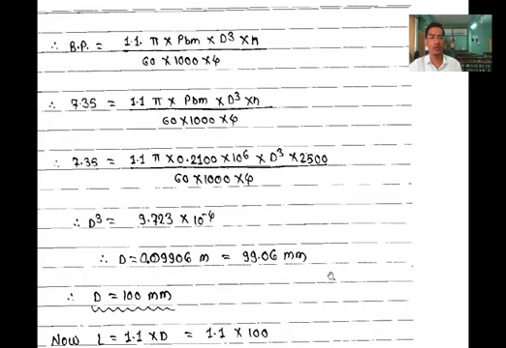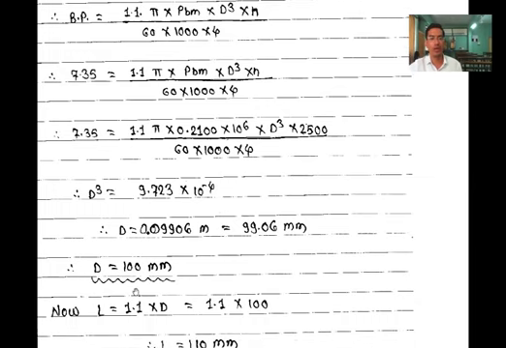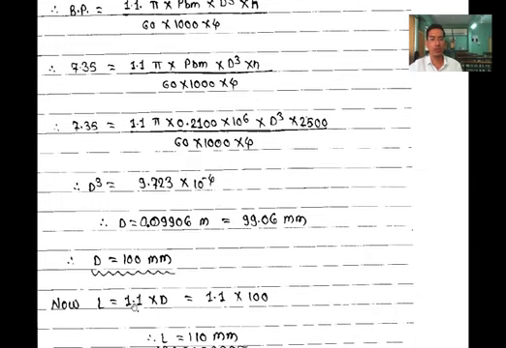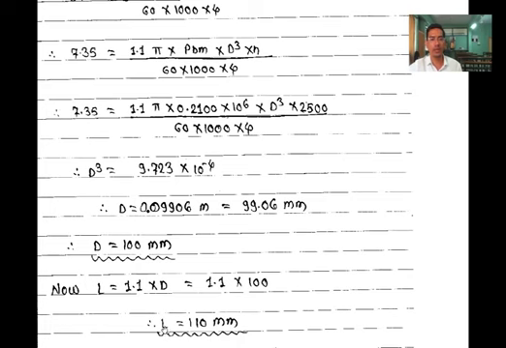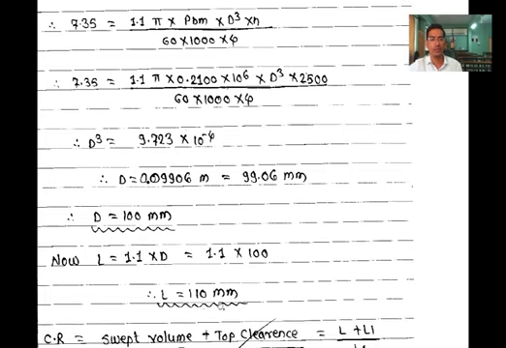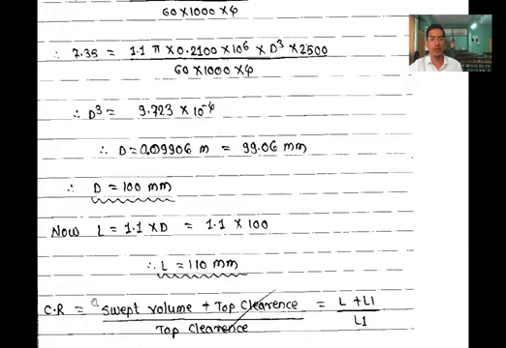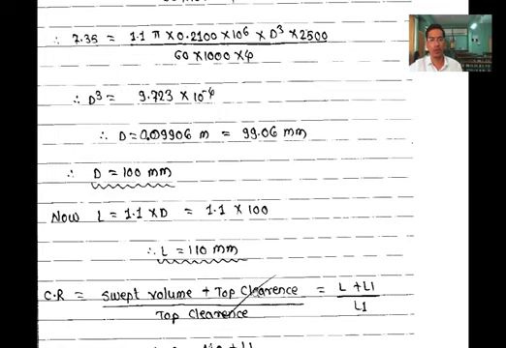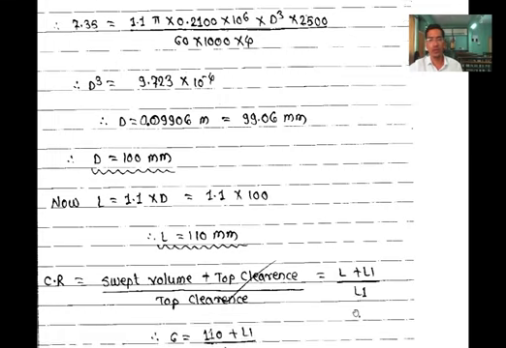The standard value of bore diameter is considered as 100 mm. Now we know the L by D ratio is equal to 1.1, so the stroke length is 1.1 into 100, which is equal to 110 mm. Then for the compression ratio, we know the formula: swept volume plus top clearance upon top clearance, that is L plus L1 by L1.